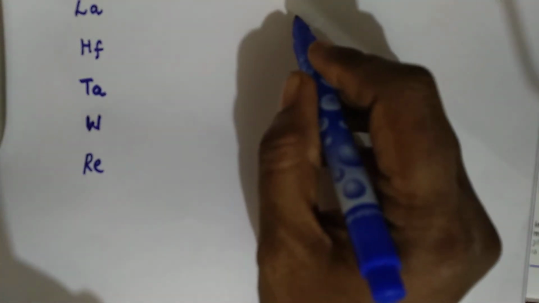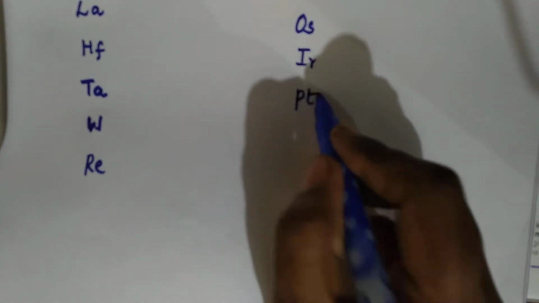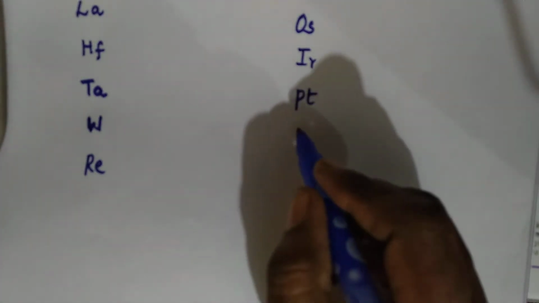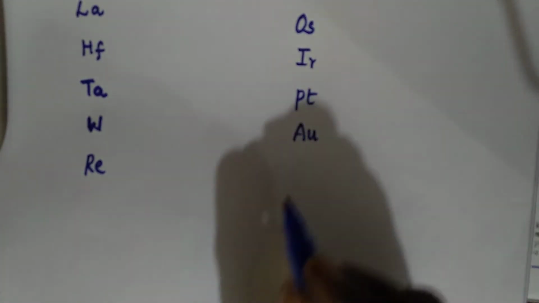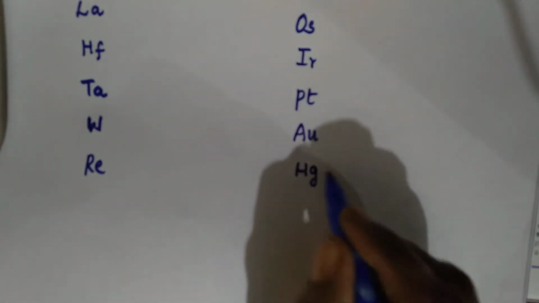Next, rhenium, Re, osmium, Os. The next one is iridium, Ir, platinum, Pt. Then Au is your gold. The last one for this series is mercury, Hg.